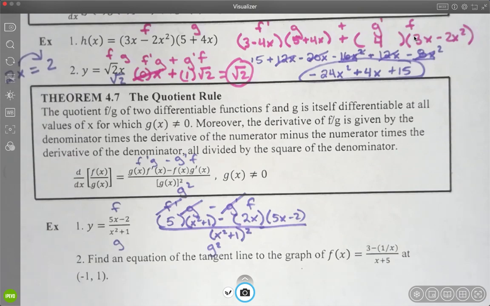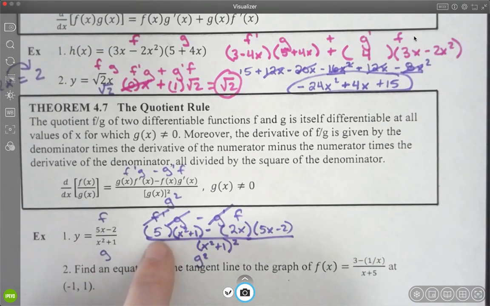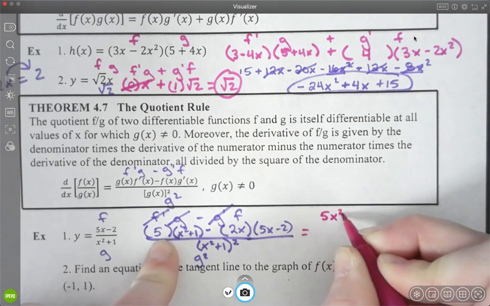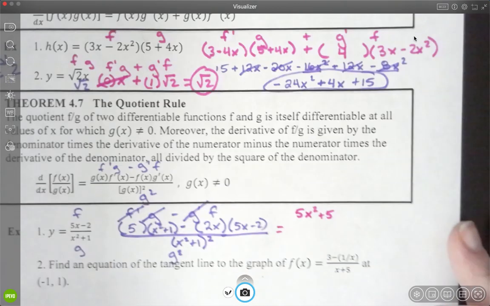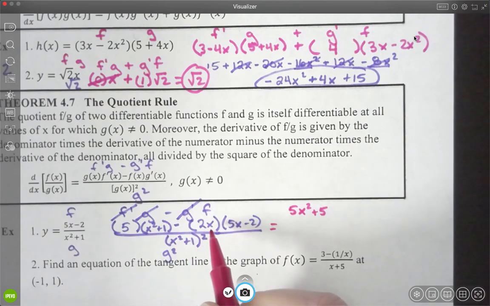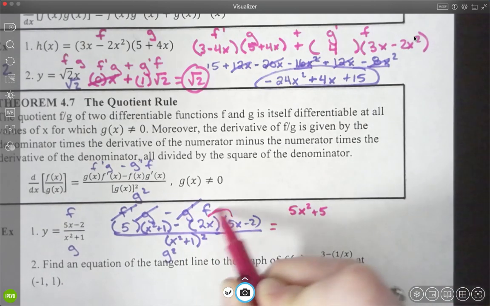Okay, that makes sense? Okay, let's go ahead and simplify this just a little bit. Really, the top isn't too bad. If you distribute the 5 through, 5x squared plus 5. Okay, now be careful with that minus, because think of this as minus 2x, right? You have to distribute the negative with the 2x when you go to the 5x and the 2.